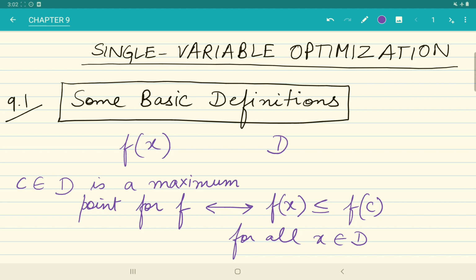That gives us the maximum value as far as the function is concerned.